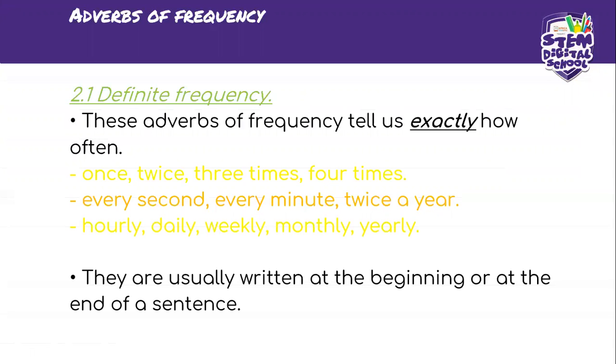What this means is that these adverbs of frequency tell us exactly how often something happens. Here are some examples: once, twice, 3 times, 4 times, every second, every minute, twice a year, hourly, daily, weekly, monthly, yearly.